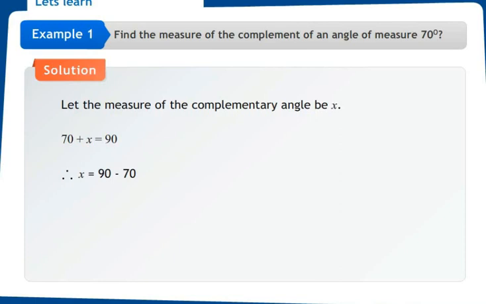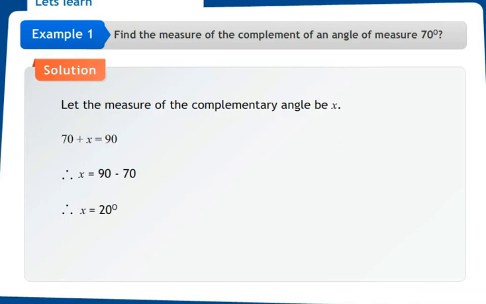Now 70 with the x, when it is added, it is written x plus 70. But when it comes to the opposite side of x, plus becomes minus. So x is equal to 90 minus 70. That means x is equal to 20 degrees.